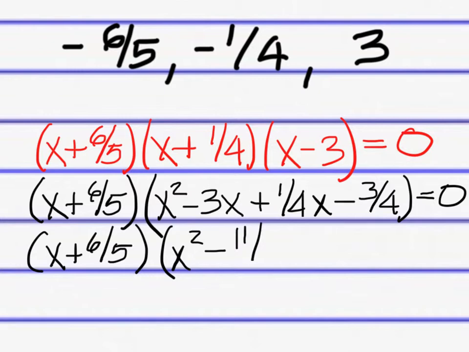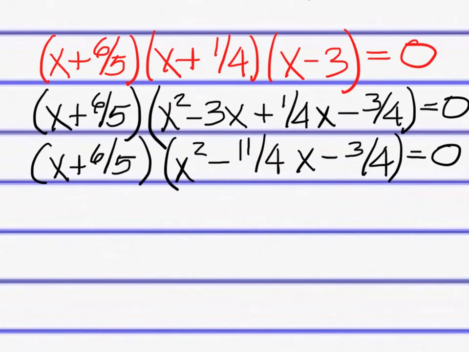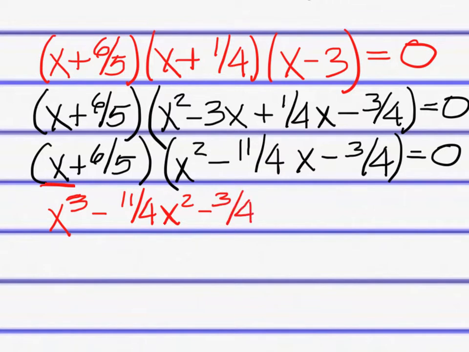So minus 11 over 4x, and then minus 3/4. Alright, so it is the first quantity multiplied against the second one. Start with your x term and get x to the third, and then minus 11 over 4 x squared minus 3/4 x.